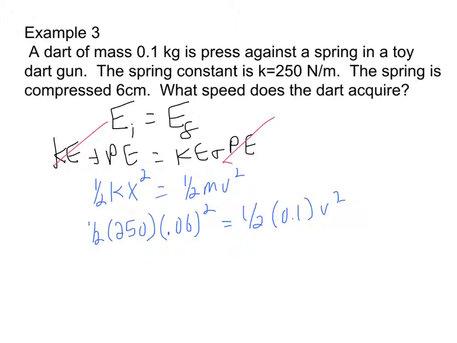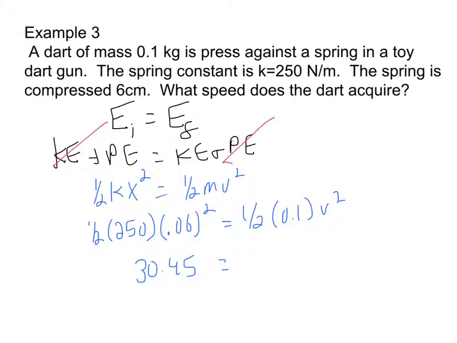So let's work this out. That's 125 times 0.06. So I got 30.45.